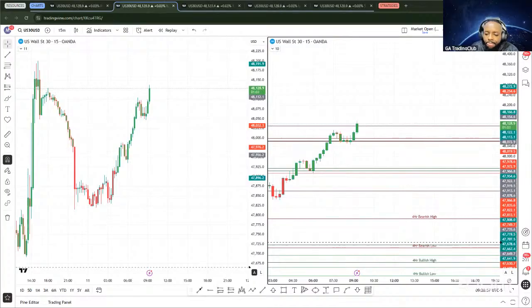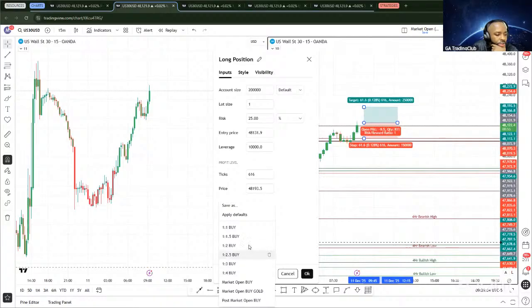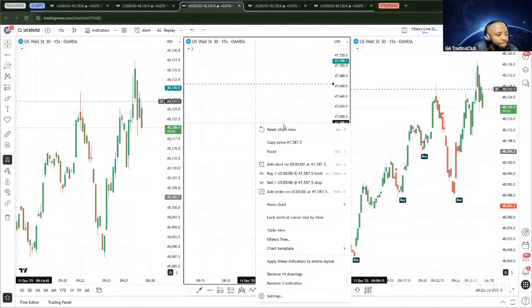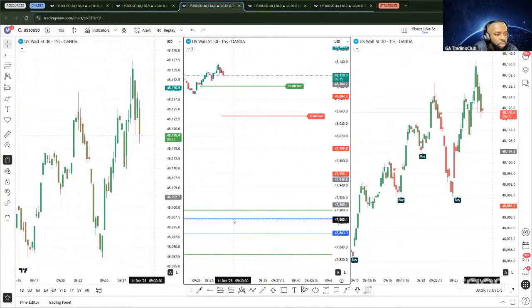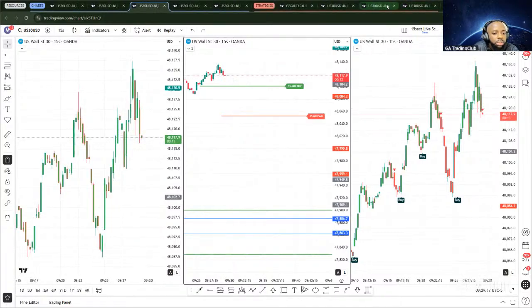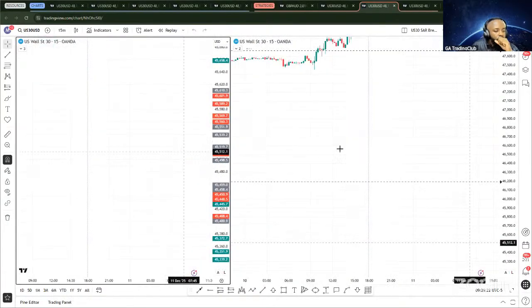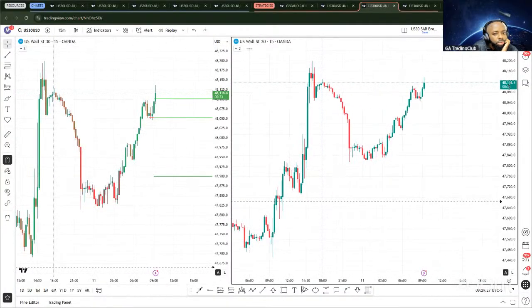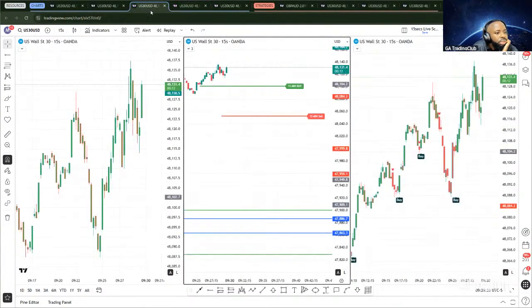Let's see. So today this is for a buy. Hopefully we get a nice push. For these other entries here, look for a buy here.